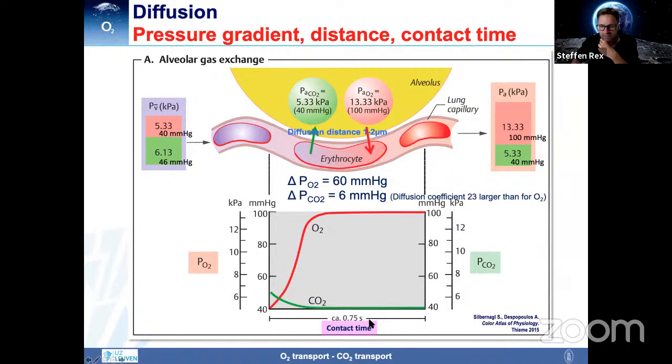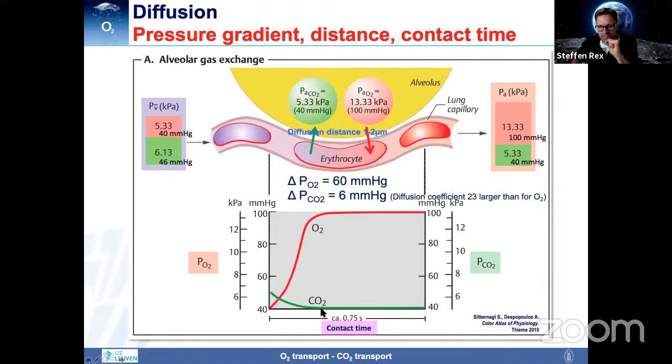And then we have the contact time. For sure, the erythrocyte needs some time to pass the alveolus and to release CO2 and to take up oxygen. But you see here that the contact time is around 0.75 seconds, but this is a very luxurious situation because after already 0.3 to 0.4 seconds, the transport is complete.